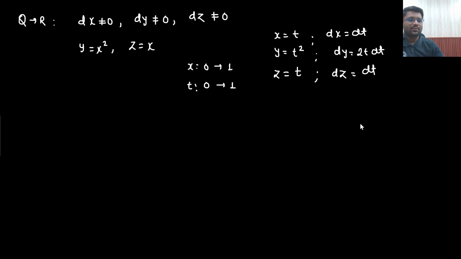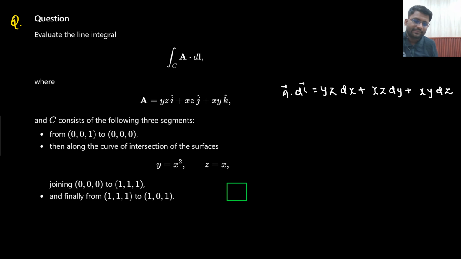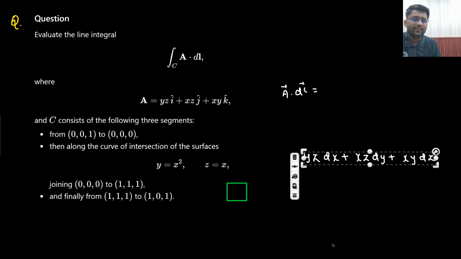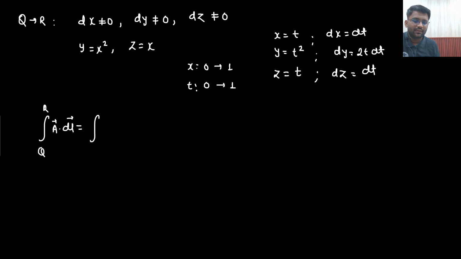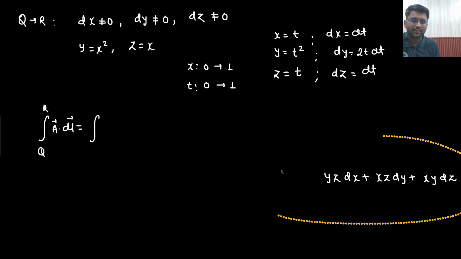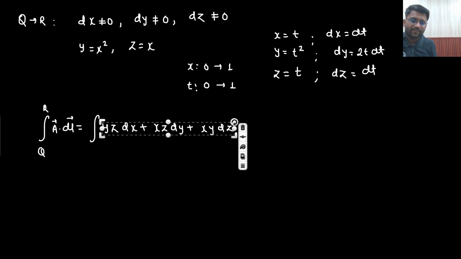So replace everything now. Job done. Your A dot dl going from Q to R. This was the scenario: yz dx and so on.